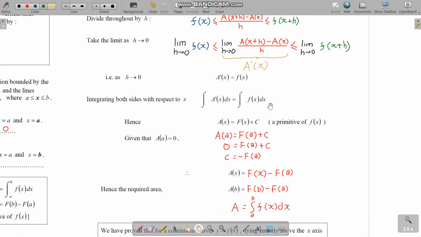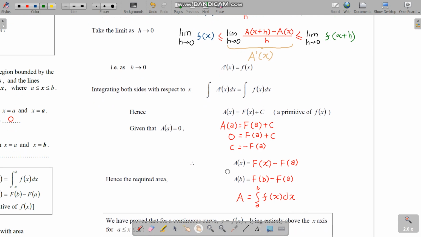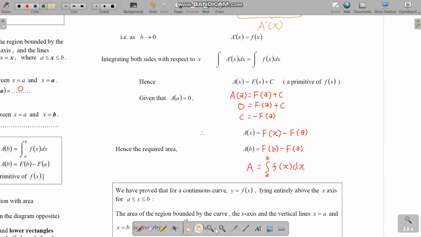So A prime of x is the same as f of x, and when we integrate both sides, the integral of A prime is just A, and the integral of small f of x becomes capital F of x plus c. Now we find c using the fact that A of small a is 0, so 0 equals F of small a plus c, so c is minus F of small a.